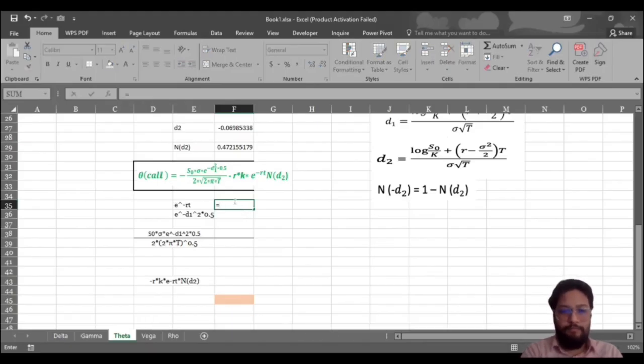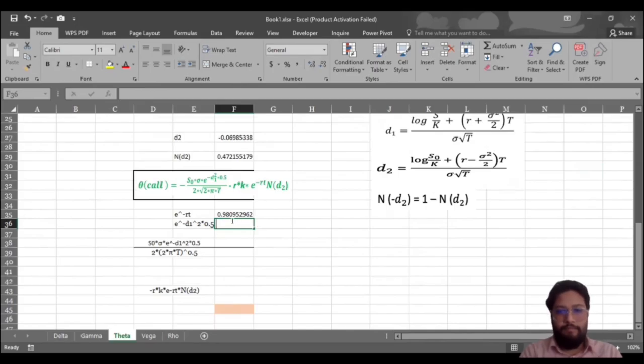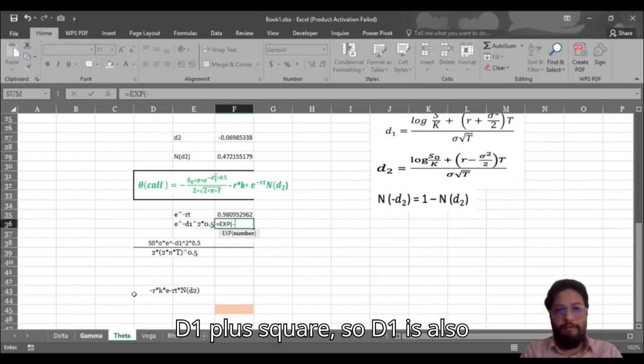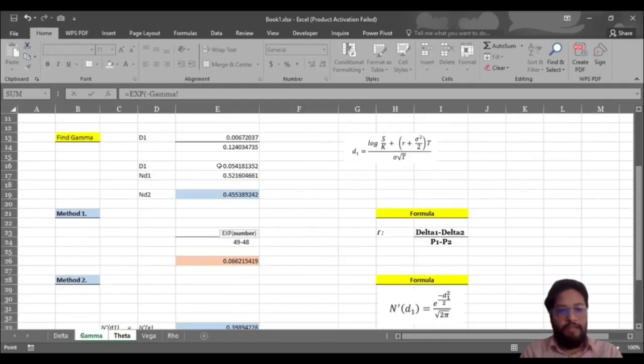Then D1 squared. D1 is also calculated in the gamma sheet. That is the D1.